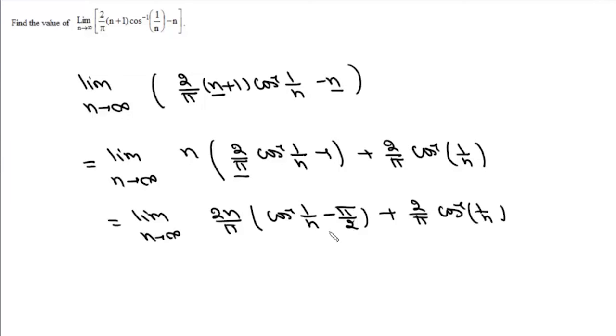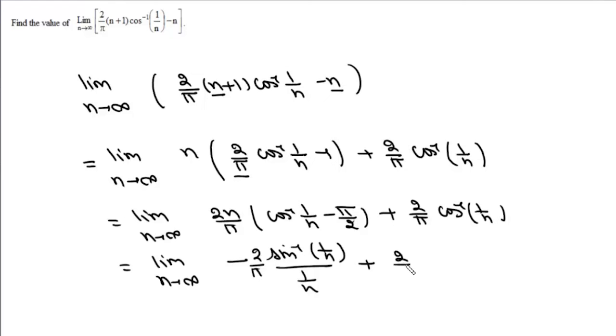Now pi by 2 minus cos inverse 1 by n is sin inverse 1 by n, so we can write this as limit n tends to infinite and minus sin inverse 1 by n, and this is 2 upon pi, and we'll take this n in the denominator, so it will be 1 by n plus 2 upon pi cos inverse 1 by n.